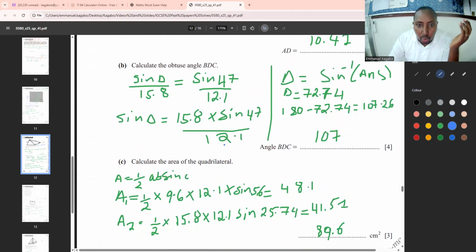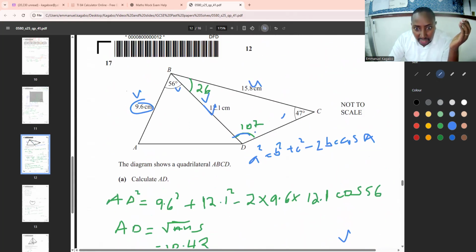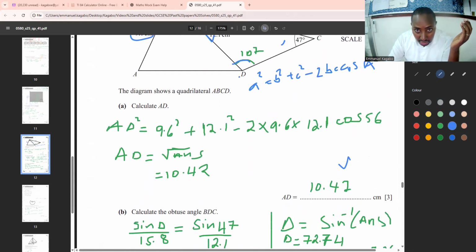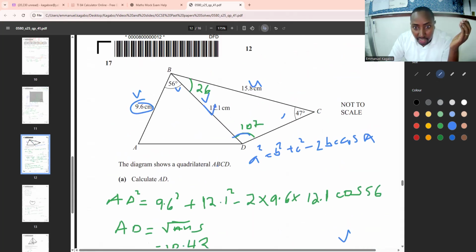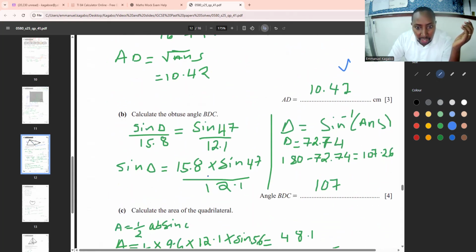That will always be the sine rule. So that's what I did. Sine of angle D over this one, equals sine of this angle over this. Then cross multiply. When I cross multiply, I'm going to have this one, you see? Type this in your calculator, do sine inverse of that, then this is your angle.